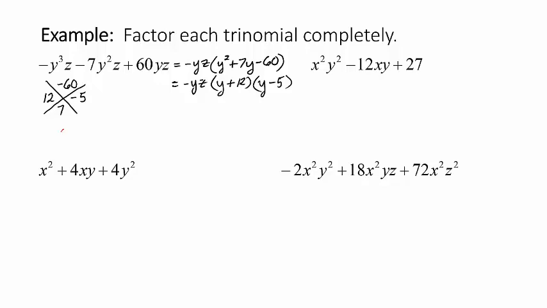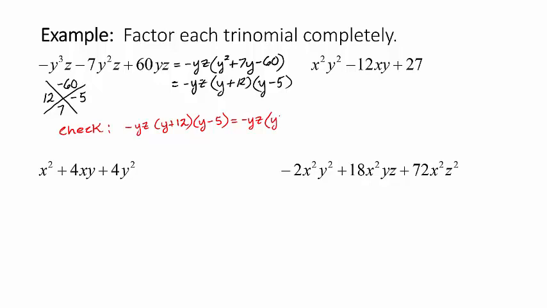Now, I always like to check. So negative yz times y plus 12 times y minus 5. Will that give us negative y cubed z minus 7y squared z plus 60yz when we're done? So leave the GCF of negative yz alone and FOIL the y plus 12 times y minus 5.